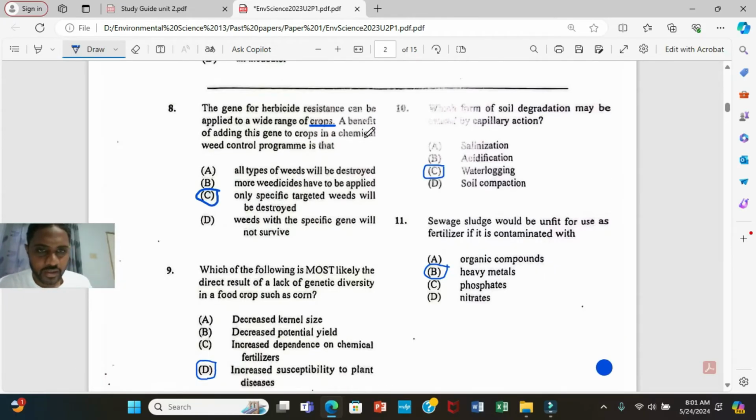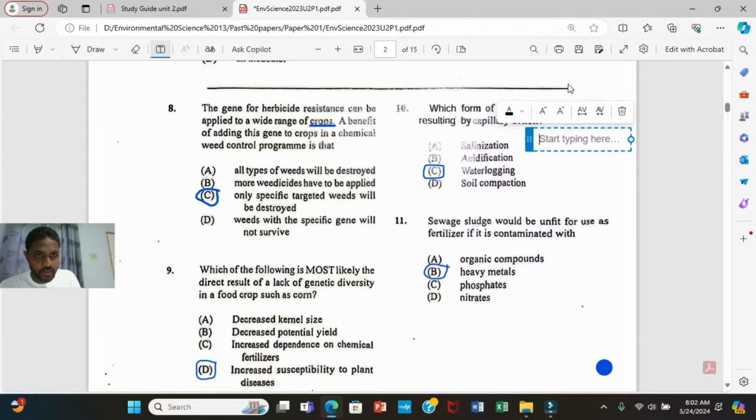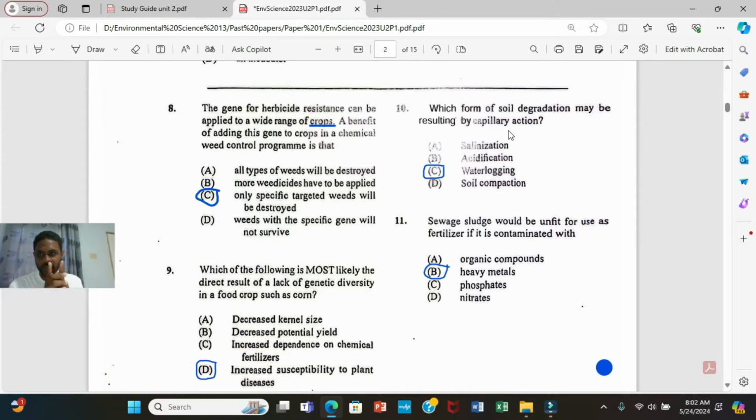All right, number 10. Which form of soil degradation may be resulting from capillary action? The answer would be waterlogging. Capillary action, guys, is when water moves up the soil when pores in the soil are very narrow, similar to when water moves up a straw. Water will move up a straw that has a very tiny hole more than one that has a broad hole.